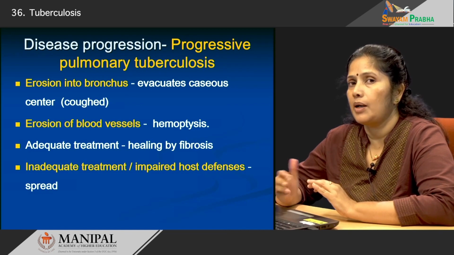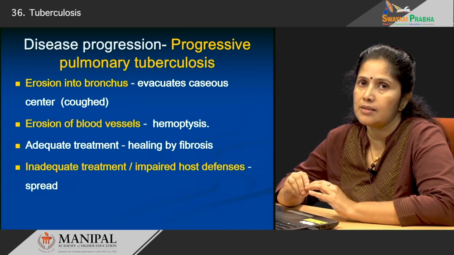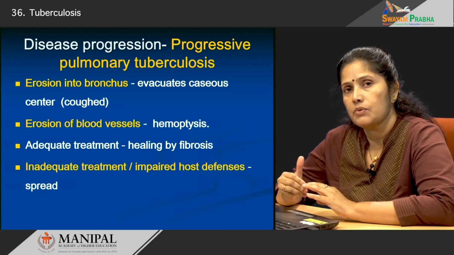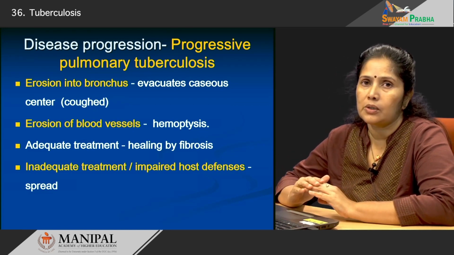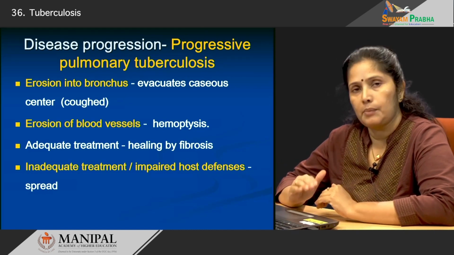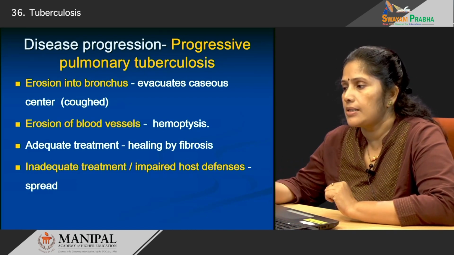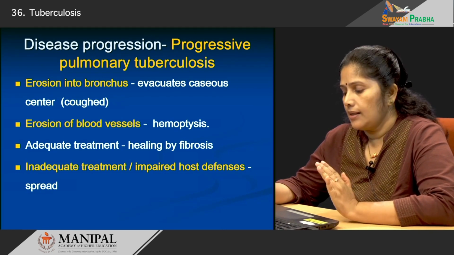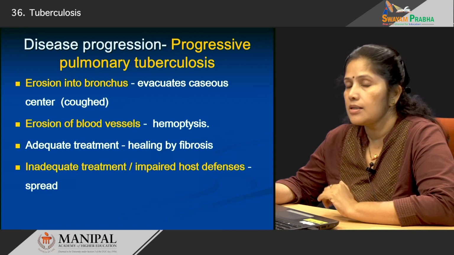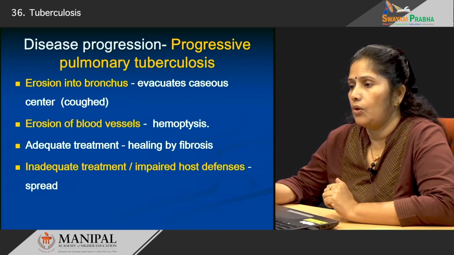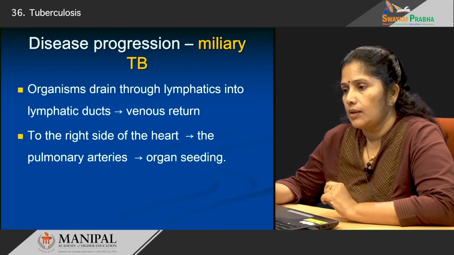We have seen in primary tuberculosis, when the disease spreads, it can go to the meninges, it can go into different organs, which is known as miliary tuberculosis. So, miliary tuberculosis can be a complication both of primary tuberculosis or of secondary tuberculosis. Now let us see how the disease progresses when it goes into the miliary form of tuberculosis.